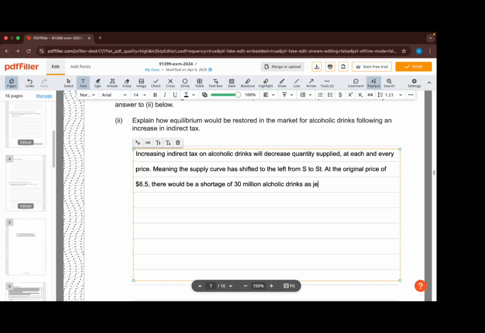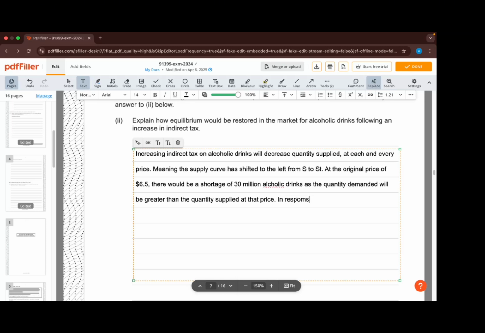The quantity demanded is going to be greater than the quantity supplied at that price, guys. So if there's going to be a shortage in the market, consumers, because they really want to get their hands on this good, are going to start to bid up the price.